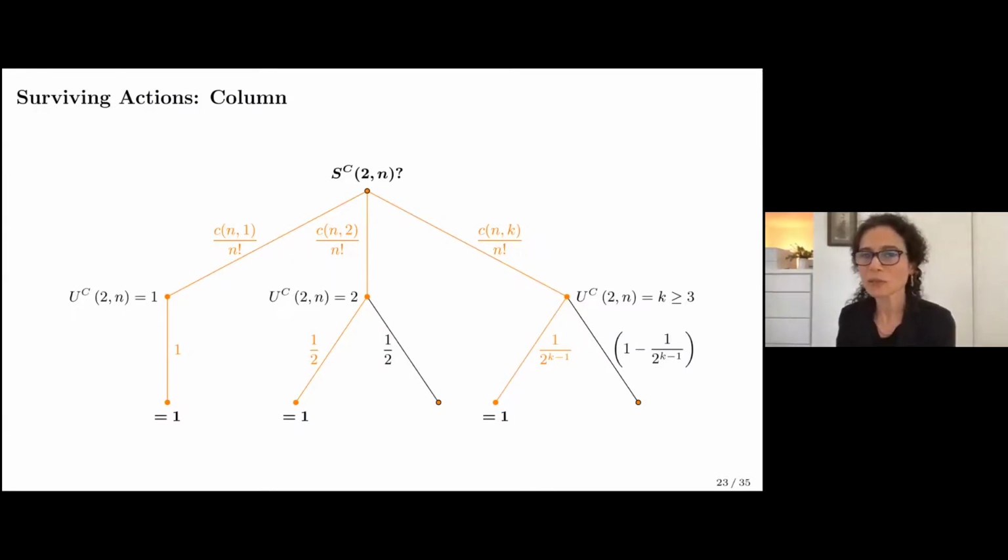In fact, that's true for general K. Either row can eliminate something in the second stage, in which case the game is dominant solvable and column has precisely 1 dominant action, or row can't do anything and we're stuck with K for the column. So basically what we need to look at is the resulting distribution. And you can already see from here that you would expect a spike at 1, because 1 is kind of special here.